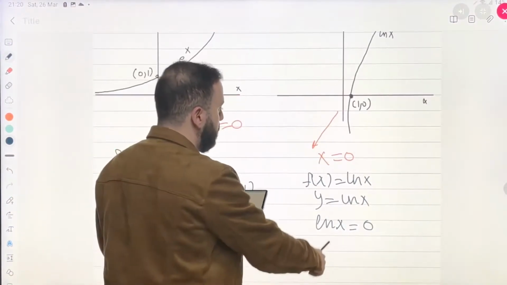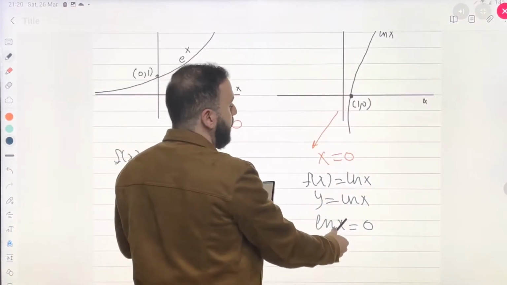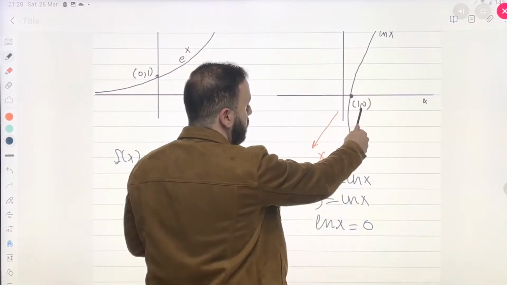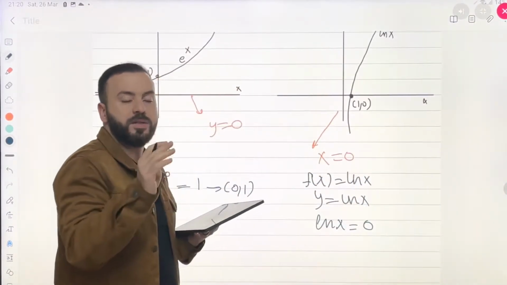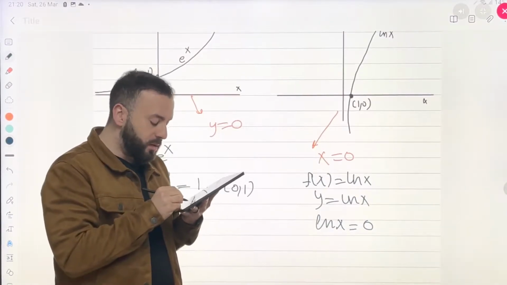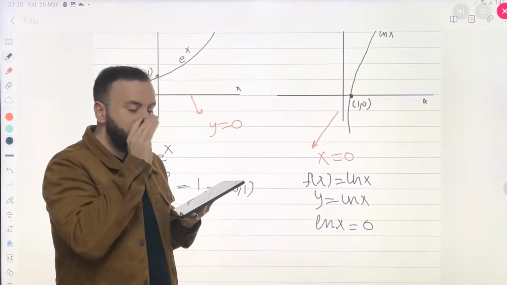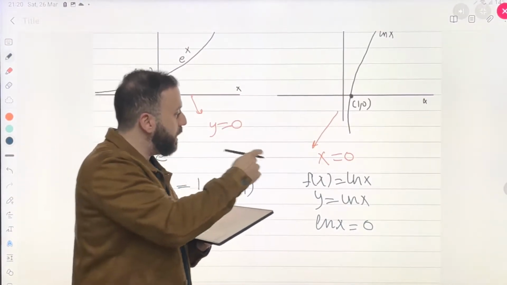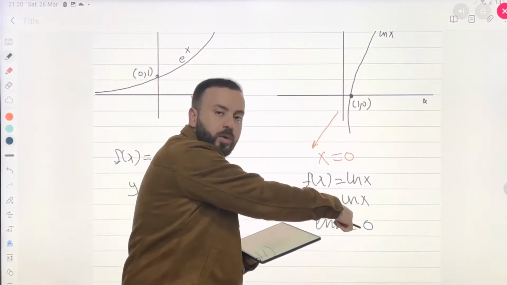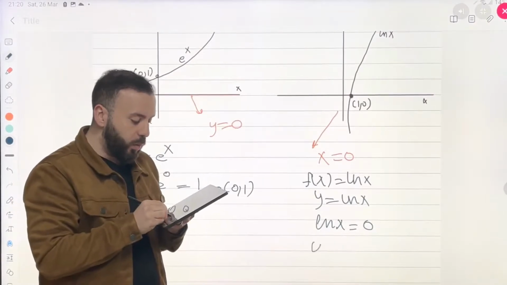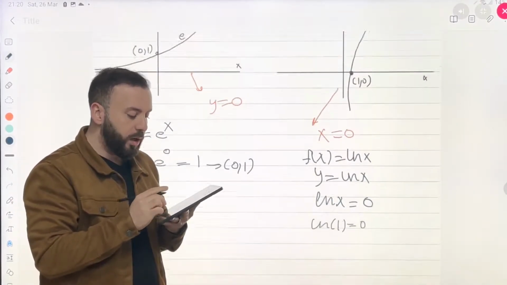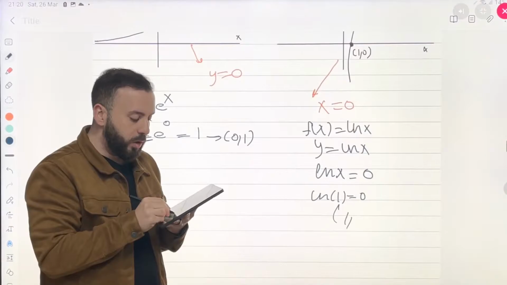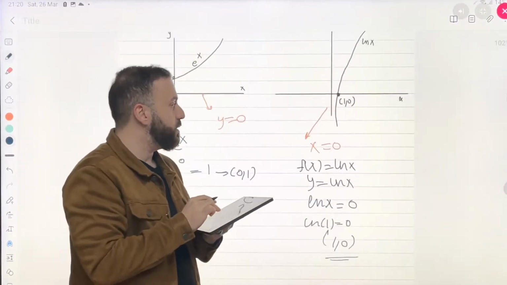It's a basic rule in logarithms: when x is equal to 1, ln 1 is equal to 0. So 1 comma 0 is my x-intercept.